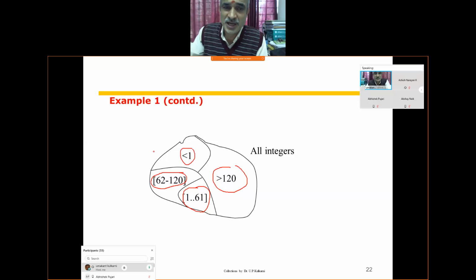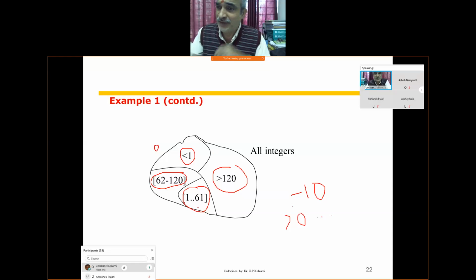But age less than zero doesn't make sense. That kind of thing you need to ensure in your program. If I enter my age as -10, will it make sense? It is an illogical thing. Age has to be greater than zero.